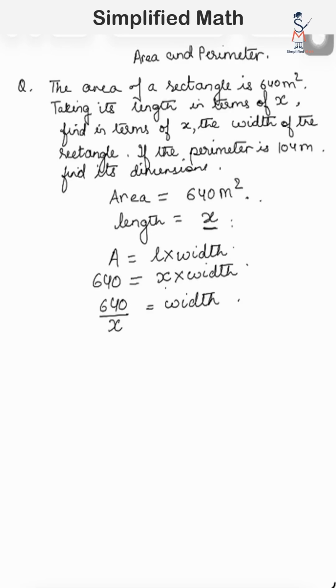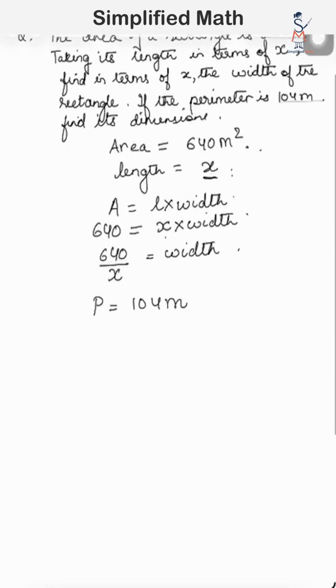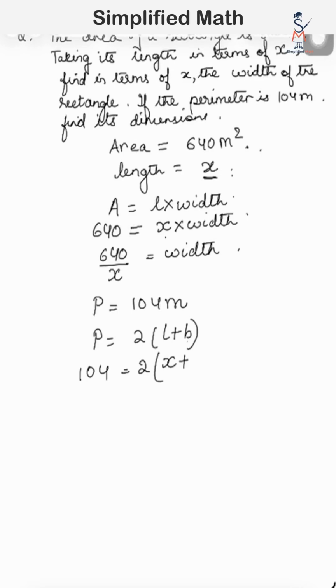Now the perimeter is given. What is the perimeter? 104 meters. And what is the perimeter of a rectangle? Perimeter is 2 times length plus breadth. So instead of perimeter we will write 104 is equal to 2, and in place of length we will write x and breadth, that is the width also, is 640 upon x.